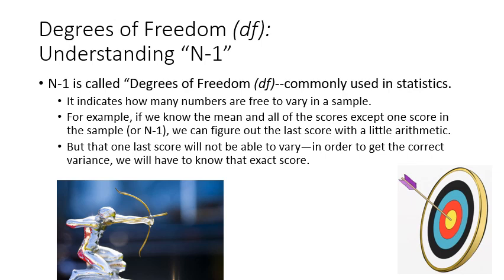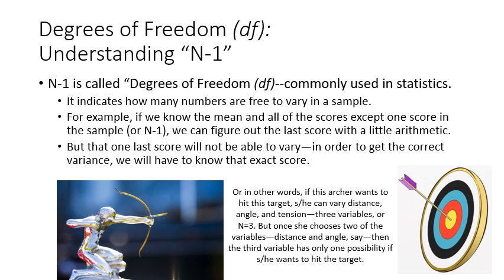Another example is this archer, who wants to hit this target. There are several factors, probably many more than I've listed, but let's imagine that there are 3 variables that can vary. The archer can stand farther or nearer to the target, so distance can vary. The angle at which the archer shoots can vary, and the tension, how far he or she pulls the string back, can vary. 3 variables, or n equals 3.